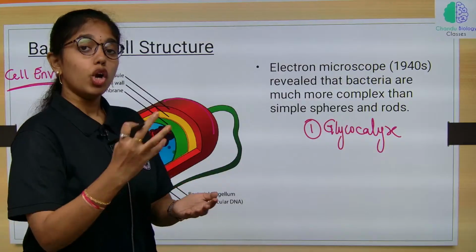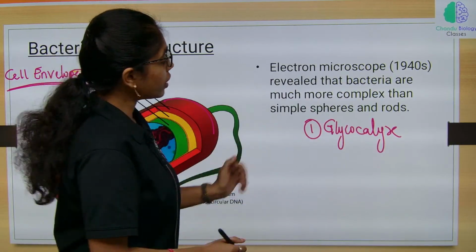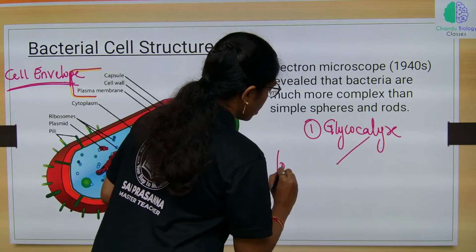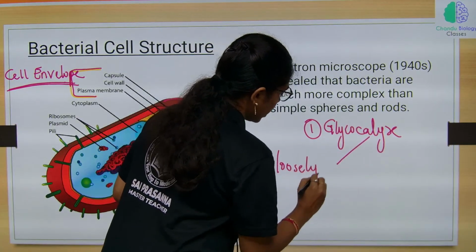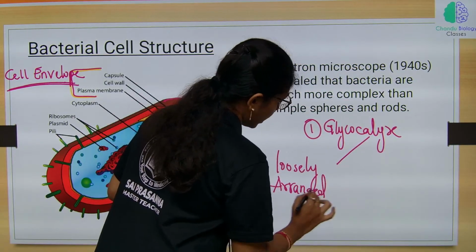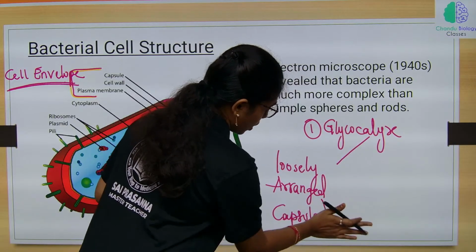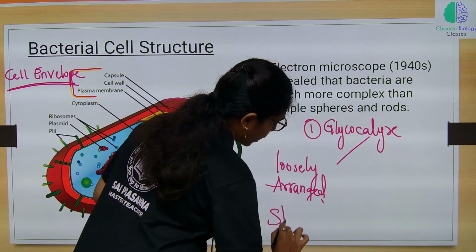Glycocalyx can be loosely arranged or tightly, compactly arranged. If it is loosely arranged, it is called a slime layer.